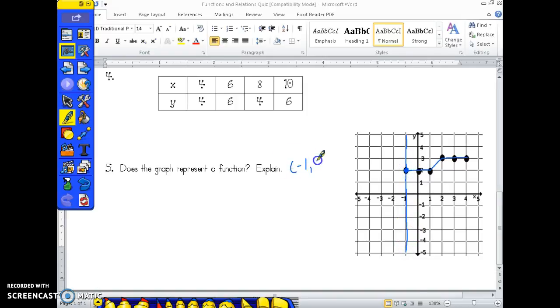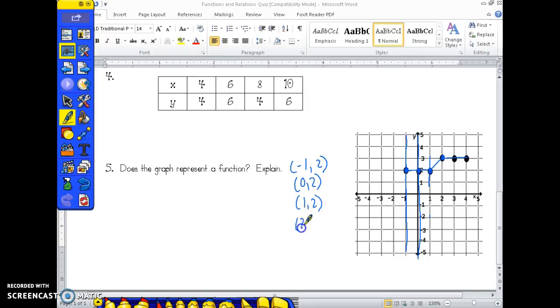So that's negative 1, 2. 0, 2 also has no point that lines up directly underneath it. 1, 2, again, there's no other pair that is lined up vertically with this point.